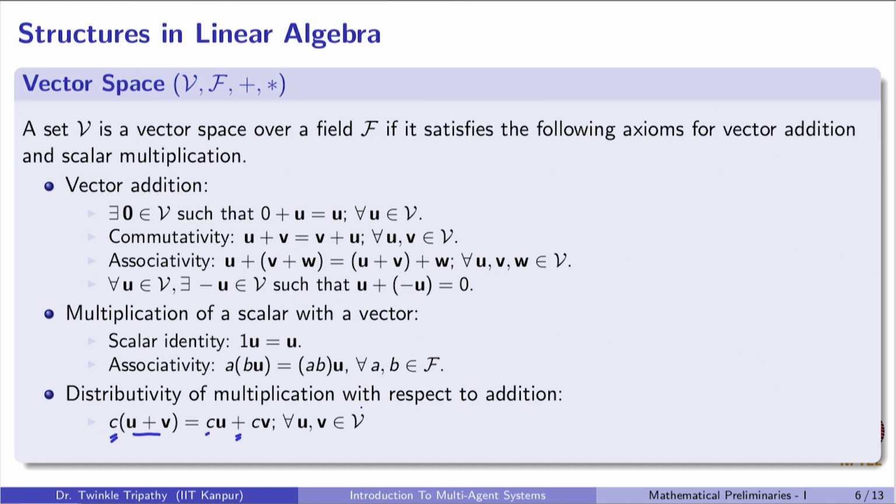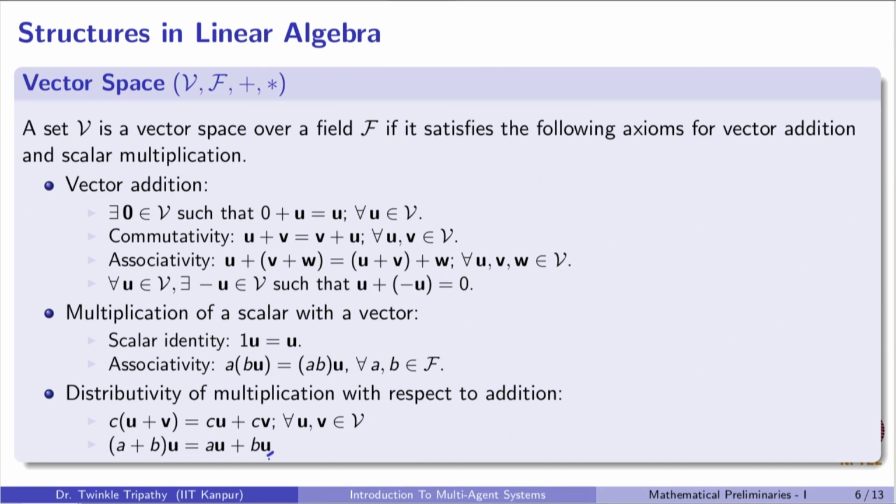So, this is the distributivity property. Now, any set V which satisfies these properties, of course, there has to exist a field over which a vector space is defined. So, a vector space is incomplete without the existence of a field. So, any set which satisfies these properties becomes a vector space. So, this is also a second form of distributivity, which is defined very similarly.